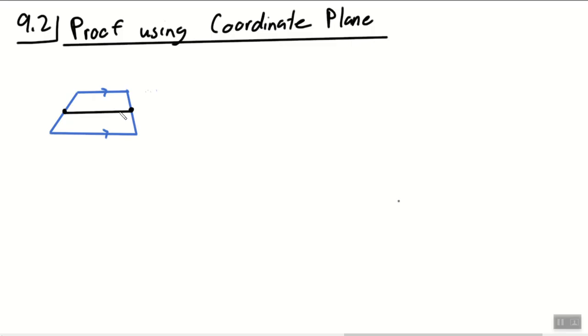It's 1/2 the sum of the top and the bottom. So it's the average length. It's the mid-distance between these two lines. And it's also what? Parallel. Yep, it's also parallel.